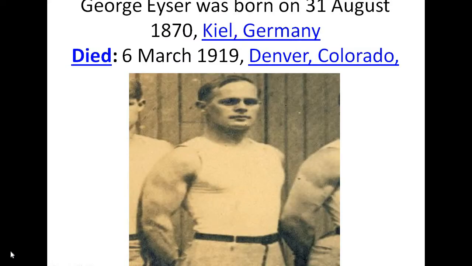He also met with an accident just before the Olympics of 2000 and he was on a wheelchair, but still he competed, he participated and he won gold medal. Now here is George Eyser. He was born on 31st August 1870 in Germany and died on 6th of March 1919 in Colorado.